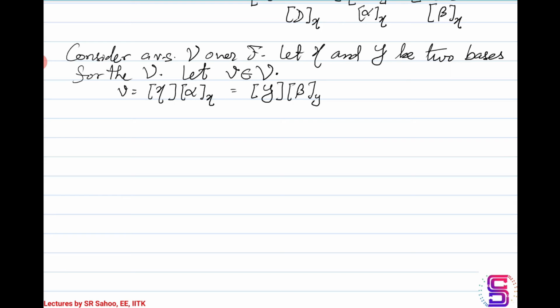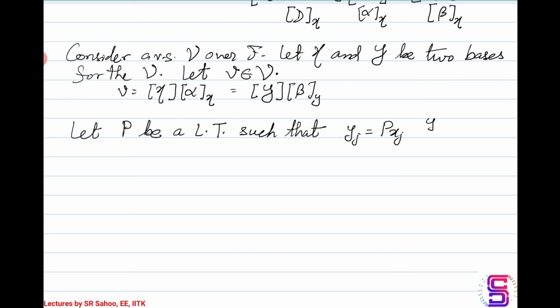Okay, so let P be a linear transformation such that y_j is equal to P x_j, where y_j is from the basis Y and x_j is from the basis X, and this holds true for all j.